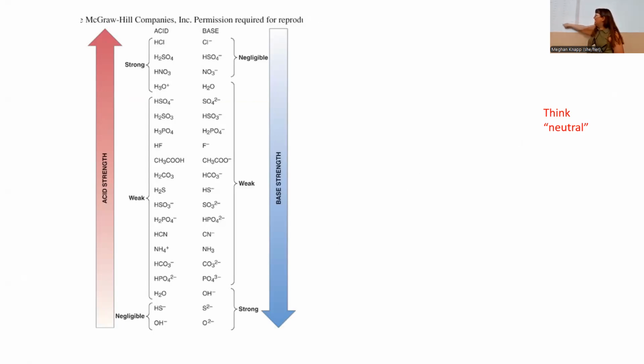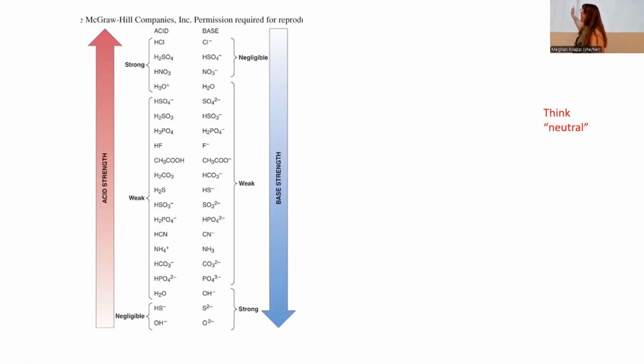If these ions are attached to a group 1 metal, since group 1 metals are always soluble, those become the strong bases. So sodium hydroxide, sodium sulfide, sodium oxide, potassium oxide, all of those things for group 1. A lot of group 2, but not all of group 2, are going to be soluble, so I'll try to leave group 2 out of it.